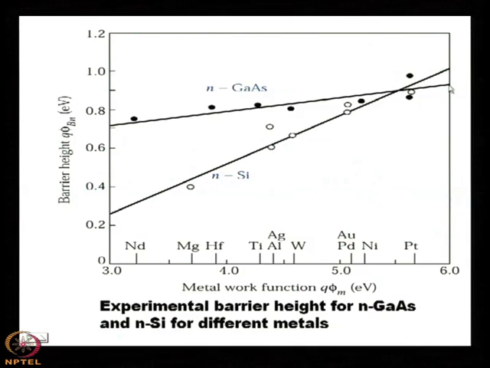The dependence is not very severe, it is just 0.5 something to 0.7 something. Not that it is varied from 0.1 to 10 or 0.1 to 1, but for N silicon it is better than N gallium arsenide.